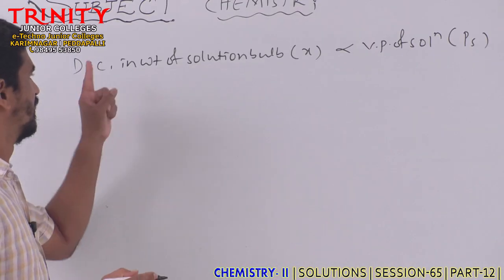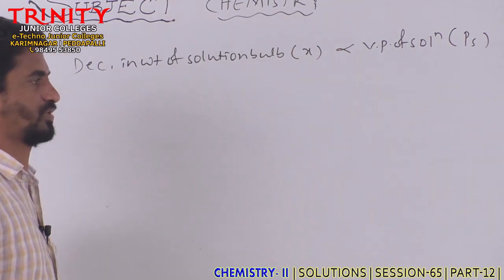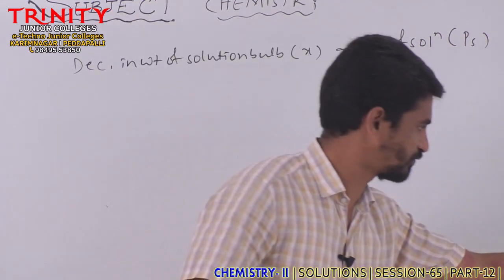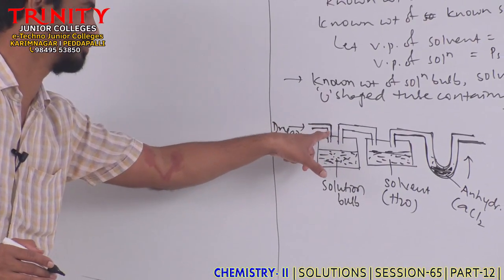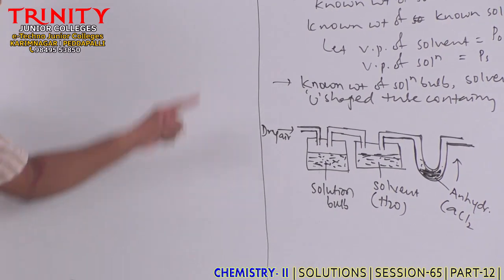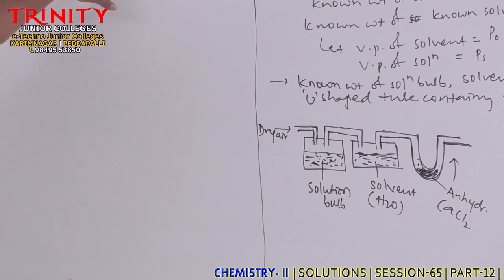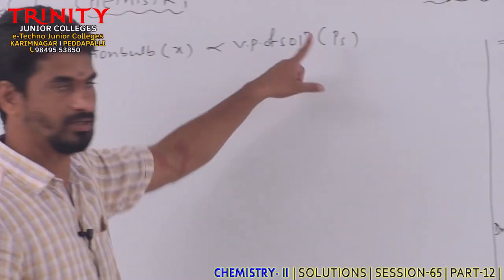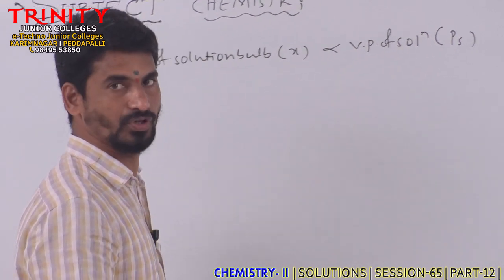Why? Because if vapor pressure is more, then more amount of vapors are formed. So more amount of vapors are absorbed by dry air. So the weight loss will be more. Right or not? So the weight loss in solution bulb is directly proportional to vapor pressure of solution.